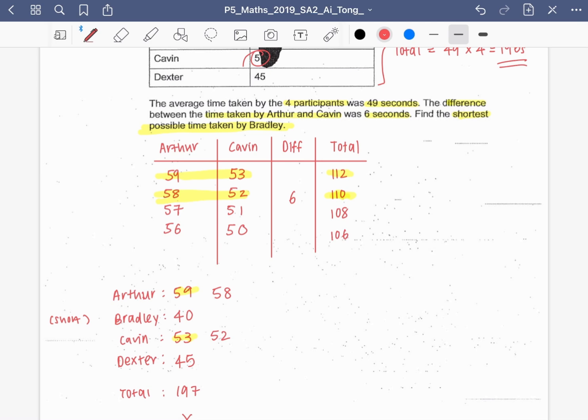Okay, since this one is 2, right? The difference is 2. Lower, we can add 1 to Bradley. Okay, because this is already -2. Okay, this here is -2. So if you add 1, then perhaps 197 will become 196. Okay, let's just try it. Dexter is 45 always.